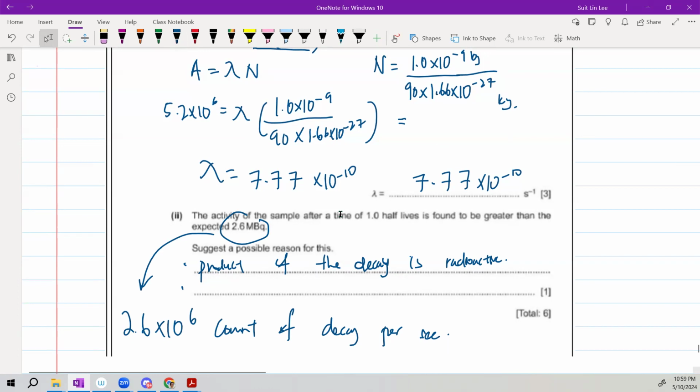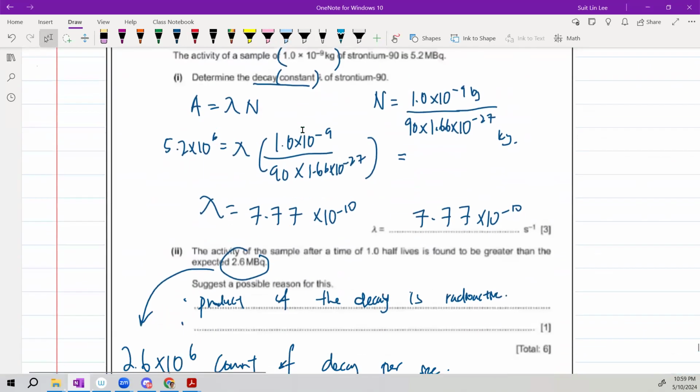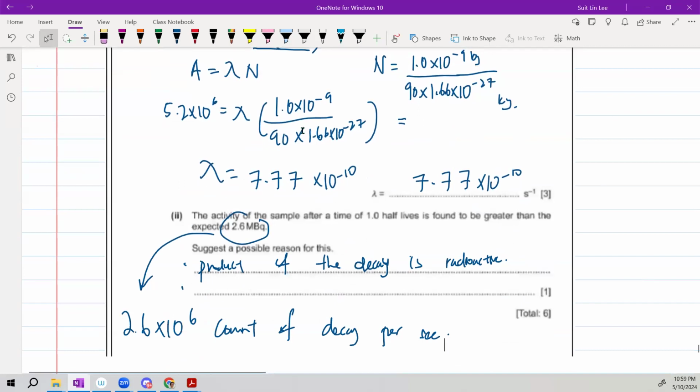The detector reading is never accurate. If the detector is too far away, sometimes it doesn't pick up the detection. Sometimes you take several detections at the same time. You can watch the recording, I talked about this already. So activity is a theoretical calculation, but it can be seen as equal to the count rate.